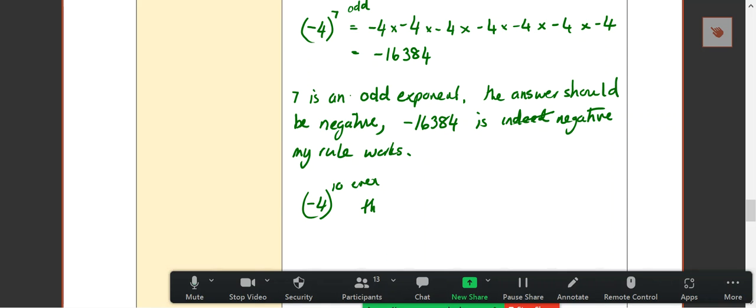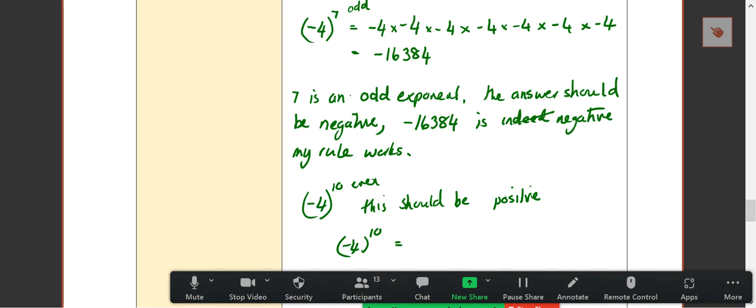And we could say this should be positive, yeah? Negative 4 to the power of 10 is what? Times negative 4 10 times. Yeah, we've done that. So what should we just put the answer? It's going to be quite a big number, isn't it? So what is it?